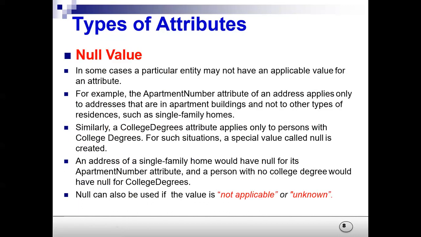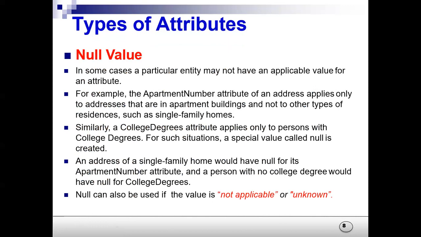Next, what does null value mean? Sometimes it may be possible that for some attribute there is no value for a specific person. Here I have given an example: someone who has not done graduation. The previous degree for graduation will obviously be null.